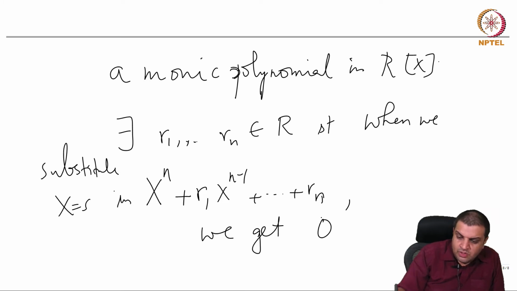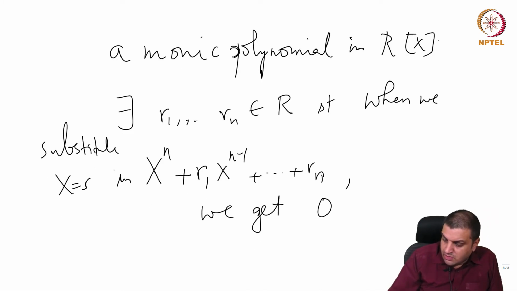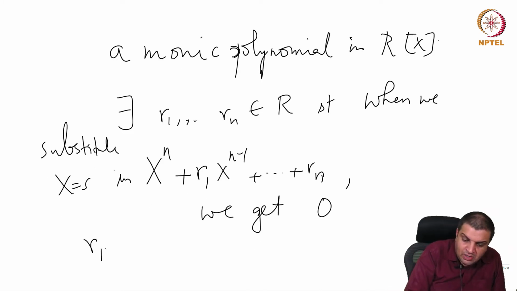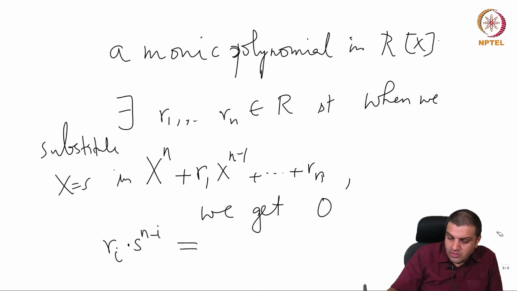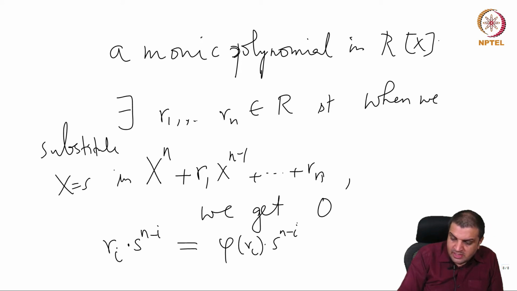One point: here we have to evaluate things of the form ri times s to the n minus i. This, remember, is just phi of ri times s to the n minus i.